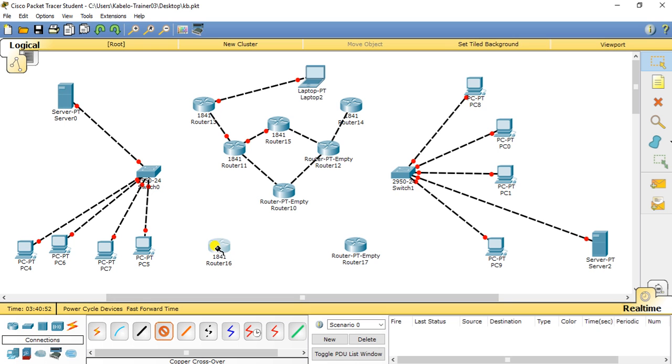So for instance, here we've got LAN 1 and LAN 2 connected to the internet.